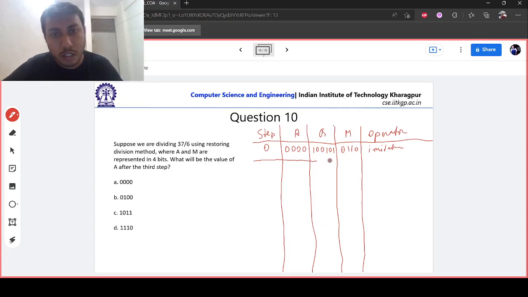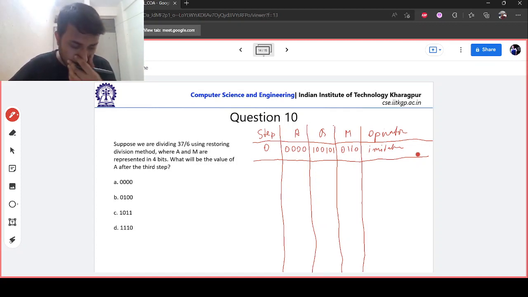Now step 1. So what happens at each step? We do a shift left of AQ and then proceed as per the value in the Q0 bit. What will be the M value initially? 0 1 1 0. We do a shift left AQ. So what does the left shift of AQ do?